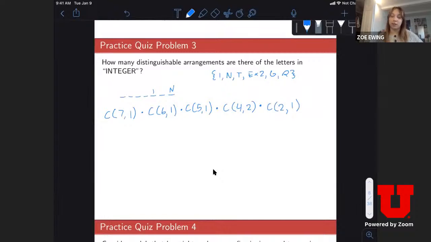So what's another easier way to do it? Since we have 7 blanks, we can fill it in 7 factorial. But then we also need to divide out the fact that we have these E's, so we can just divide it by 2.